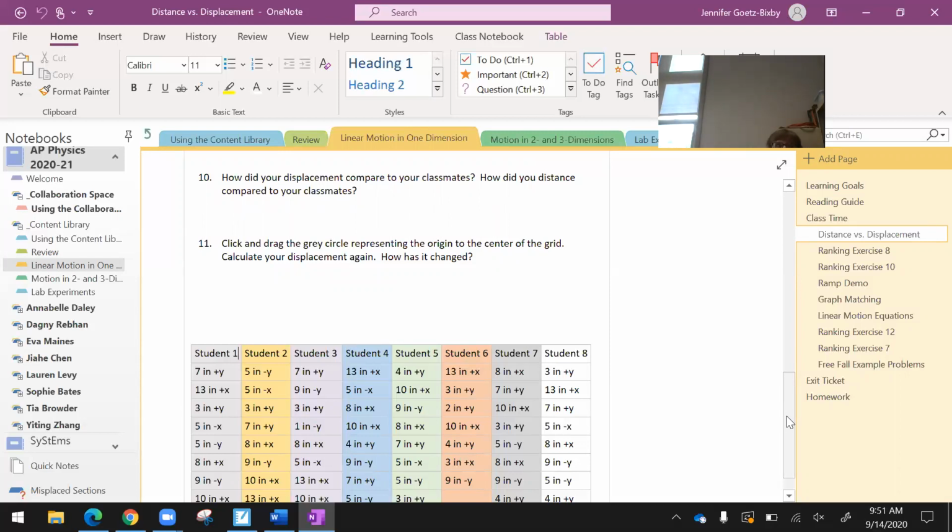Okay, so Lauren says that your displacement shouldn't change, and I'm going to elaborate on that and say that those vectors exist independently of where the origin is.